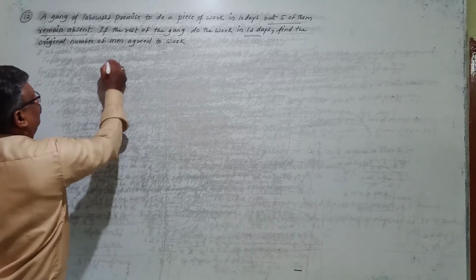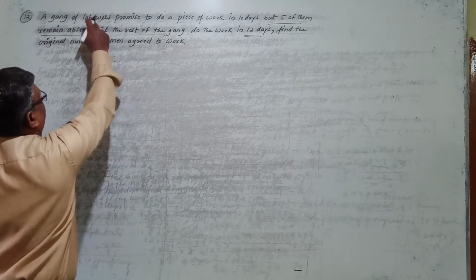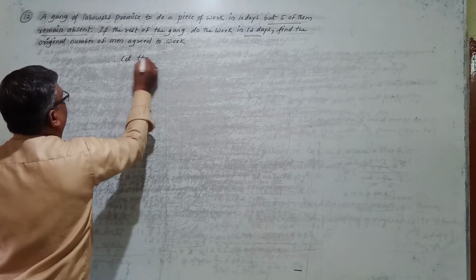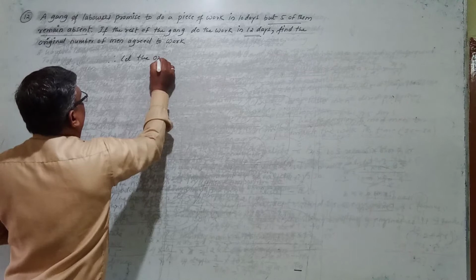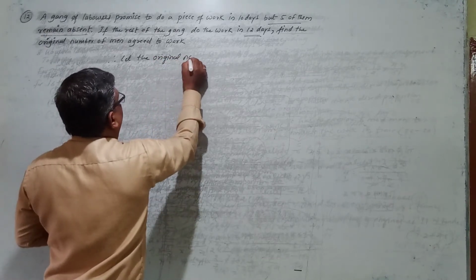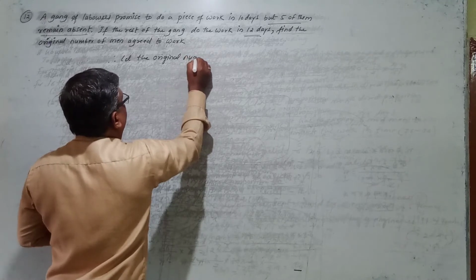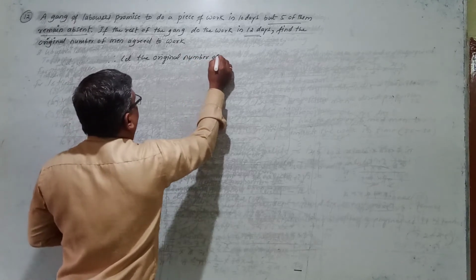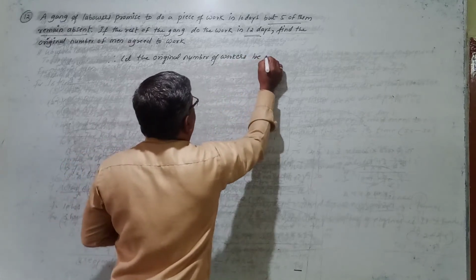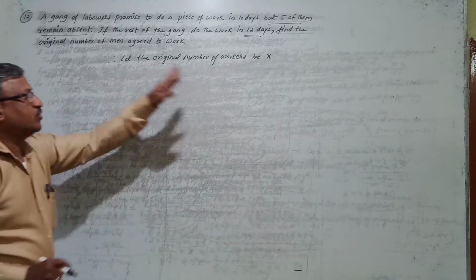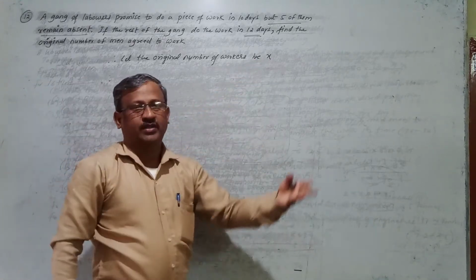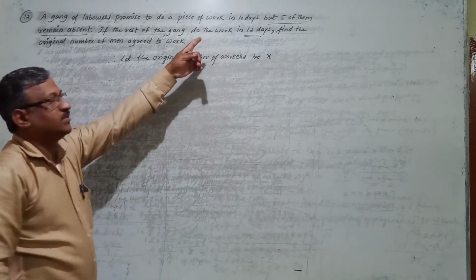So first you assume the number of workers. Let the original number of workers be X. Suppose X workers are there. Means if all X workers work together, they will complete their work in 10 days.